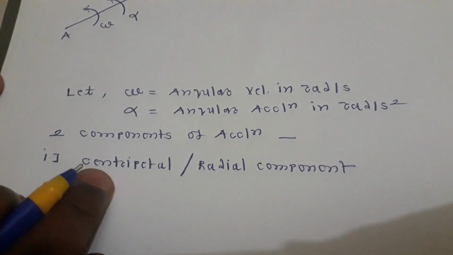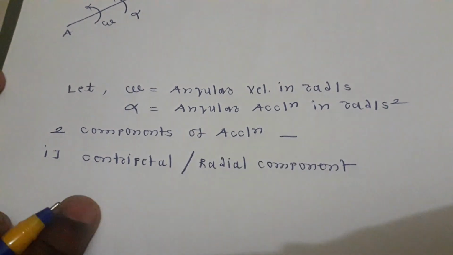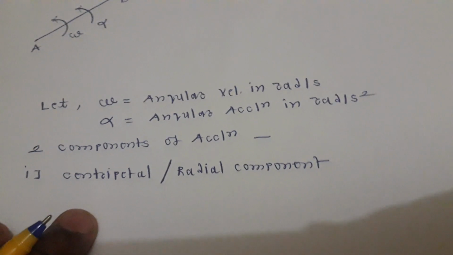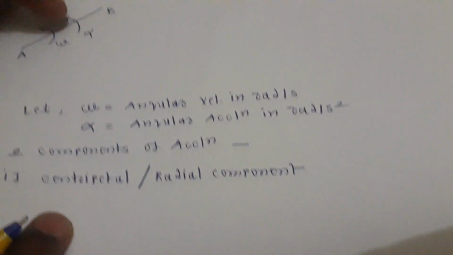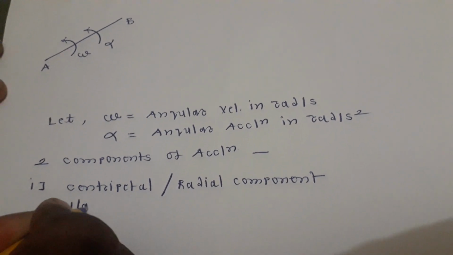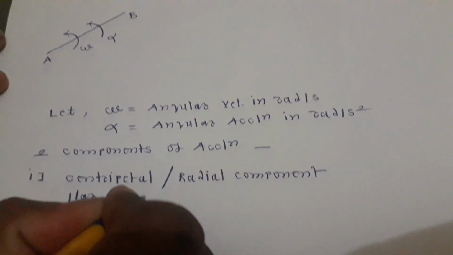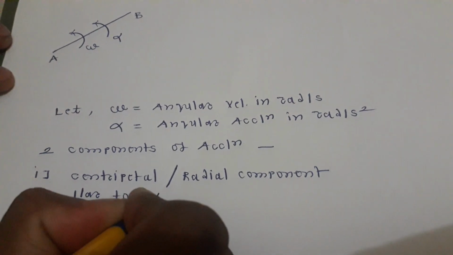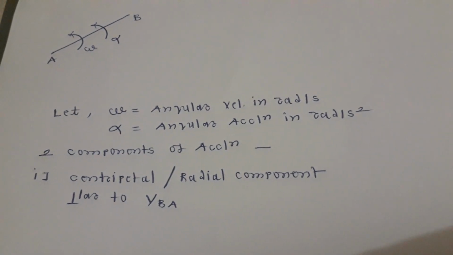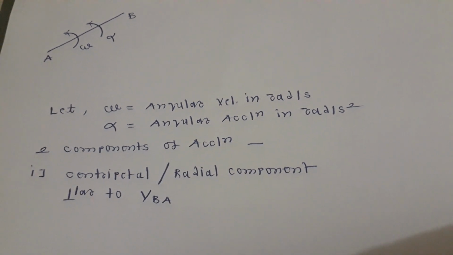The centripetal or radial component acts perpendicular to the linear velocity of this particular point B with respect to A.